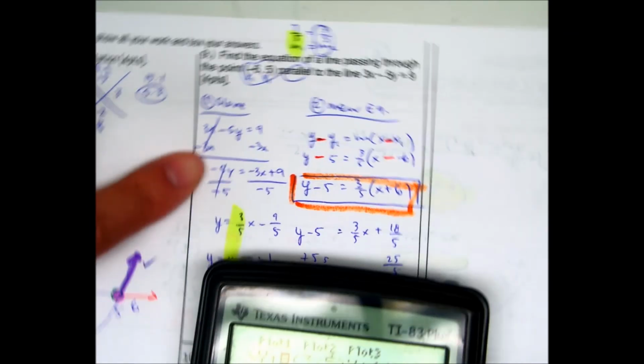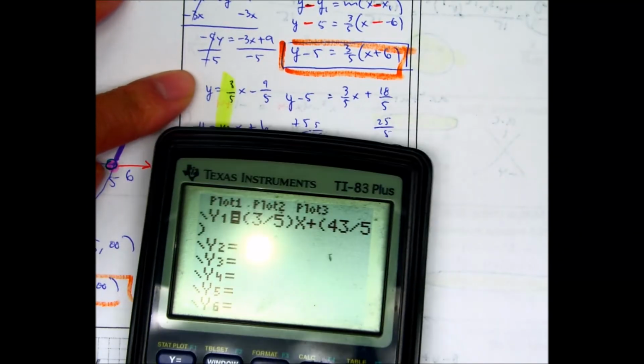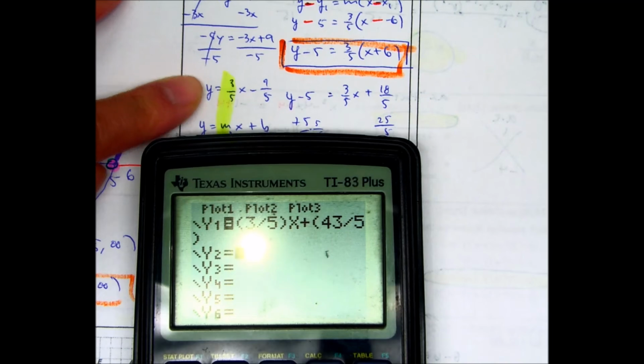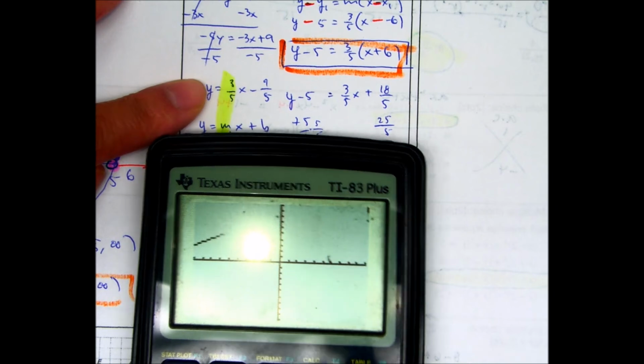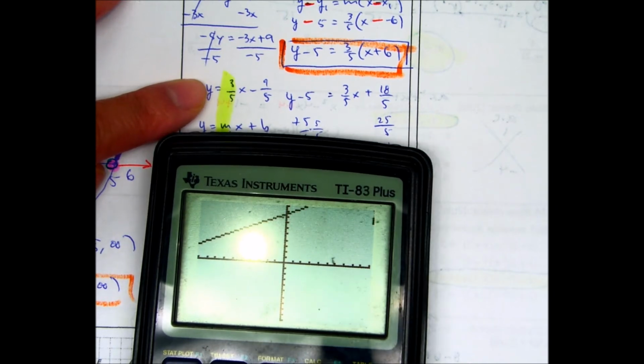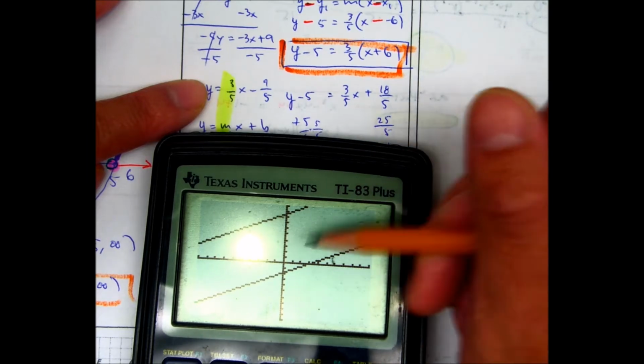And then I'll type in the original equation in slope-intercept form, because my graphing calculator is in slope-intercept form. So 3/5 x minus 9 divided by 5. Zoom standard 6. So you can see the lines are never touching.